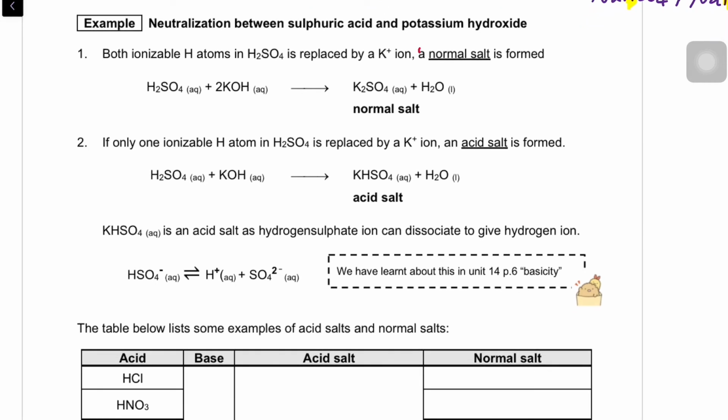In the case of a normal salt, you can see one sulfuric acid reacts with 2 potassium hydroxide and we get a normal salt. What about if the mole ratio is 1:1? Then only one hydrogen is removed. This is called acid salt.